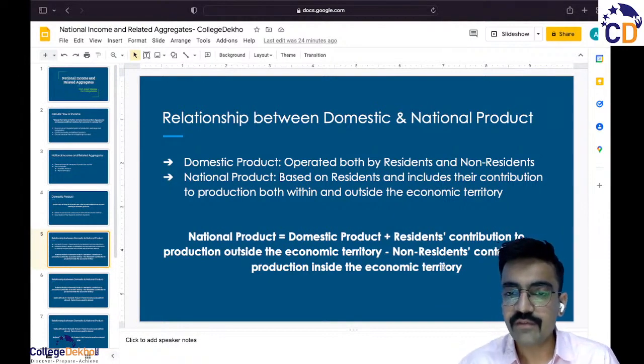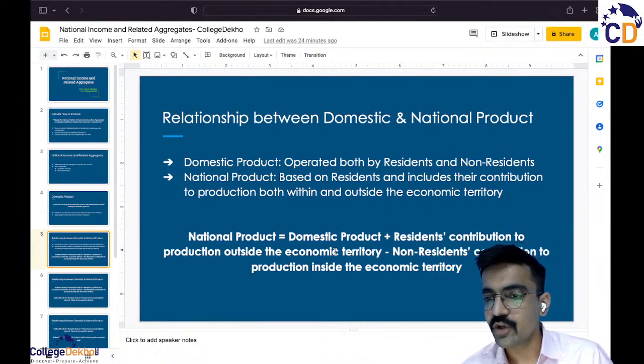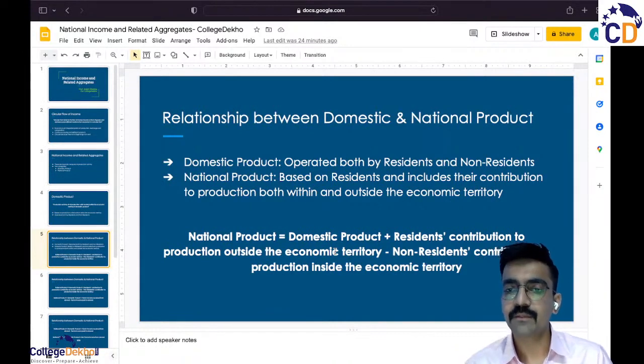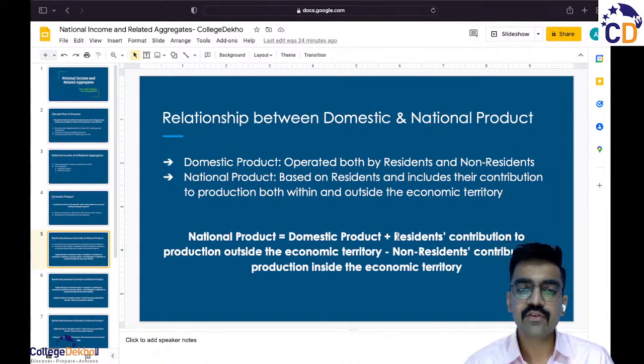Right. So in the same way that residents' contribution outside the economic territory is added, following the same logic, someone else's contribution who is not a citizen of India, who is not staying in India, whatever his contribution to production inside the economic territory is, will be subtracted. It is the same logic as that of the second item. So this is how you calculate the national product of India.